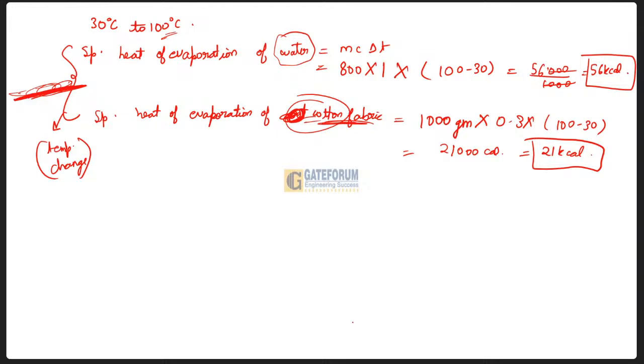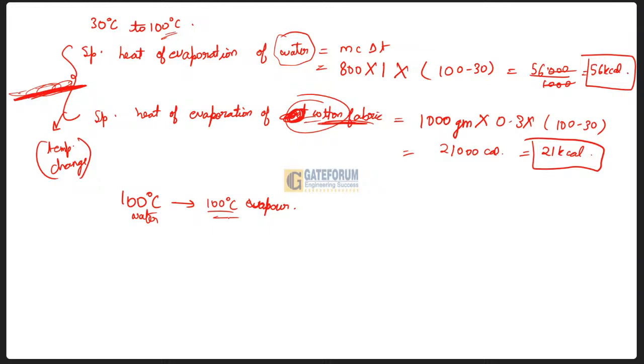And when we talk about the state change, the state will change when we go from water at 100 degrees Celsius to vapor at 100 degrees Celsius, because we have to evaporate.